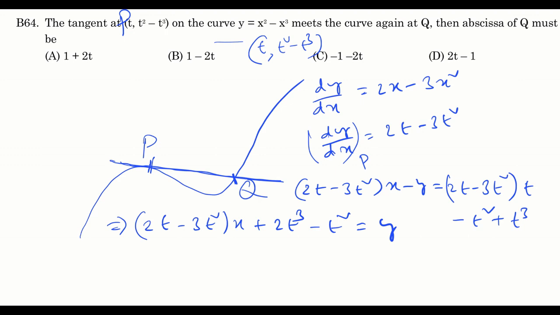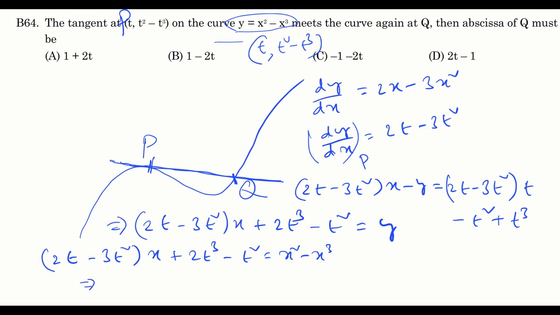Now I solve this tangent equation and this curve equation. So equating, I am having 2t minus 3t square into x plus 2t cube minus t square is equal to x square minus x cube, or writing everything one side I have it as x cube minus x square plus 2t minus 3t square into x plus 2t cube minus t square is equal to 0.